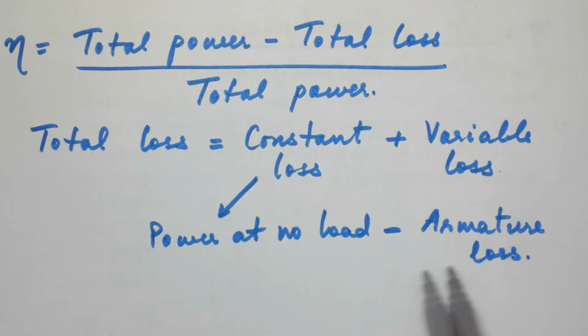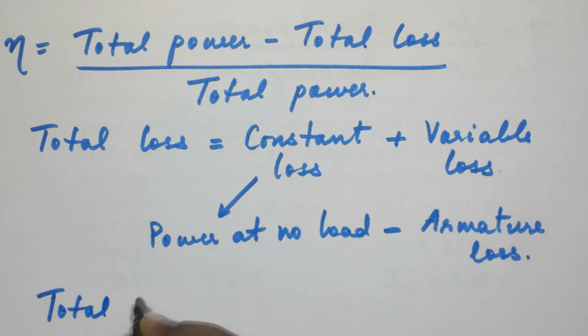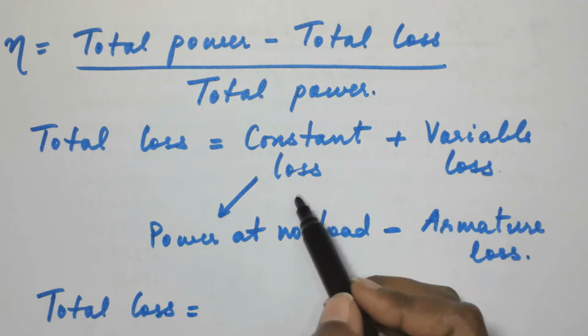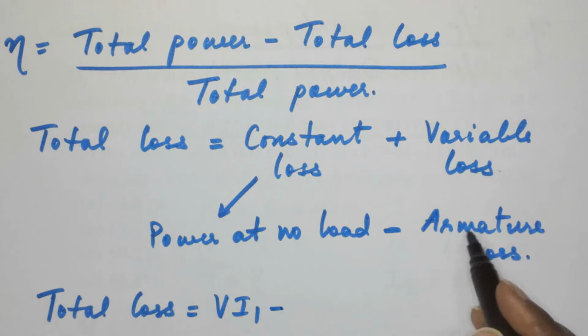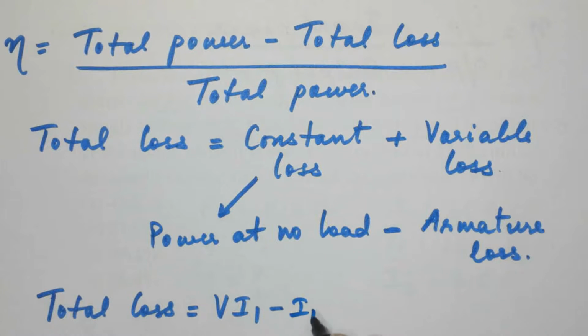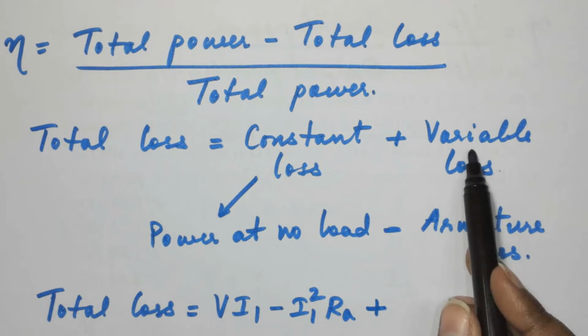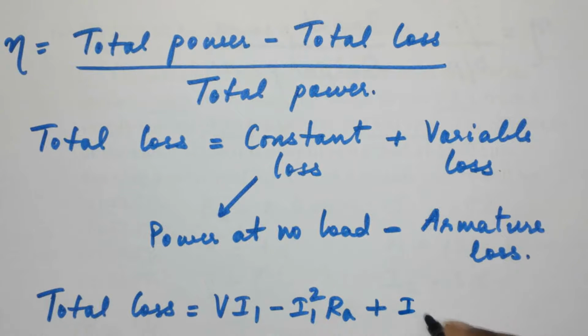So let's write down an expression for the total loss here. So total loss, constant loss, let's start with power at no load. Now the power at no load can be written as V times I1 minus, what is the armature loss? Armature loss is I1 square RA plus variable loss. Variable loss is I2 square RA. I hope this makes sense so far.